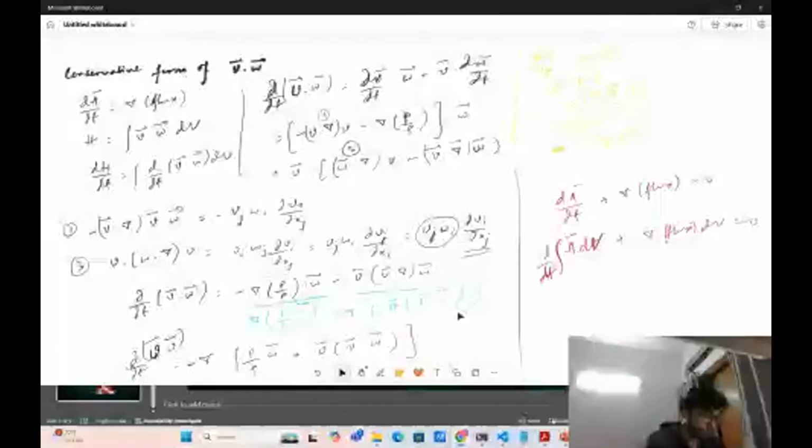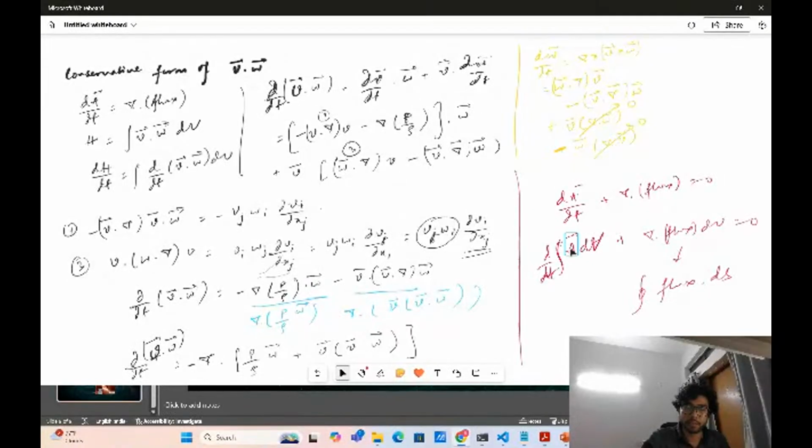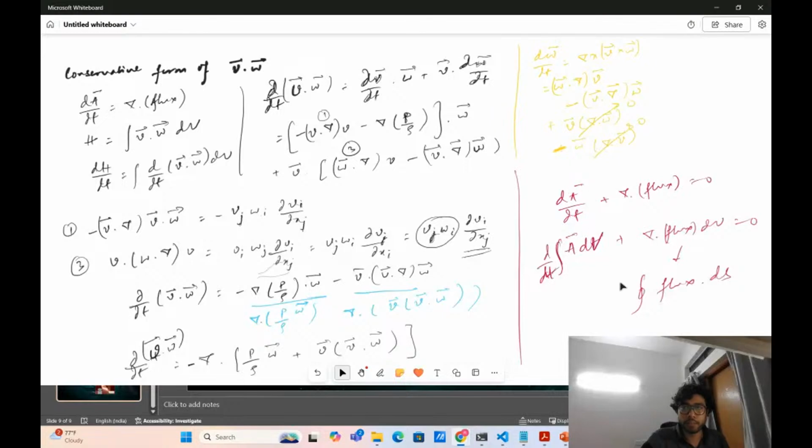And this flux, instead of doing a volume integration, you can integrate over the surface. And yeah, you can check what is the change in the quantity in that volume. So both integral and differential forms are interchangeable, right? It doesn't matter which form you have, you can interchange them between each other.